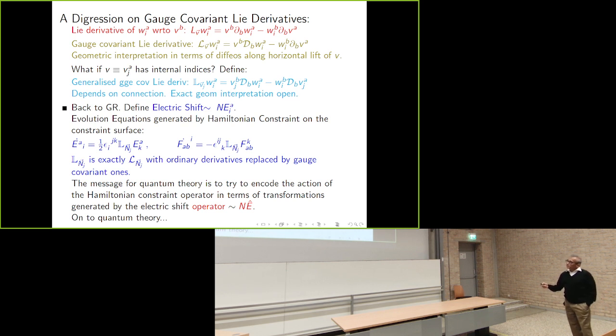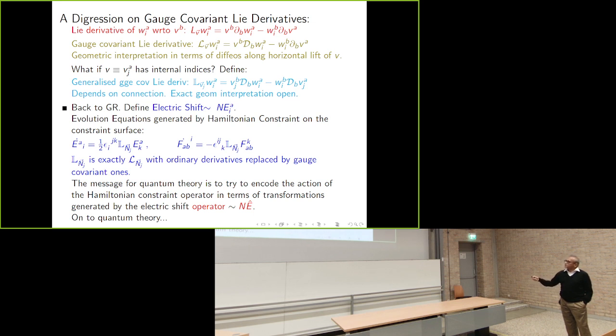Now, what if this vector field V also was Lie algebra valued, that it had internal indices? Well, one can define just by analogy an object which we can call a generalized gauge covariant Lie derivative, which is basically just, since this object has an internal index, we now replace both instances by the gauge covariant derivative.